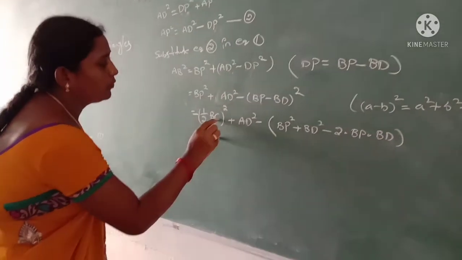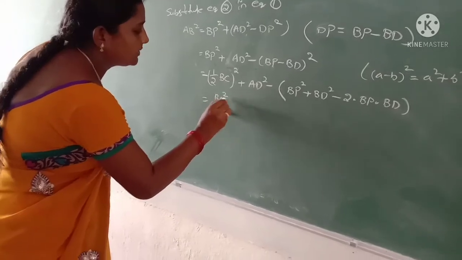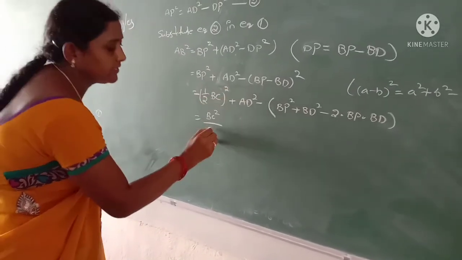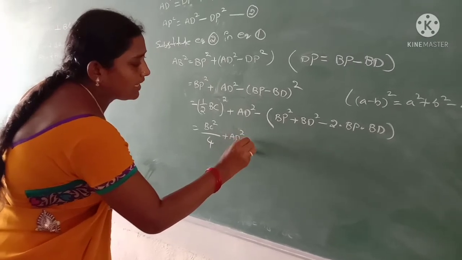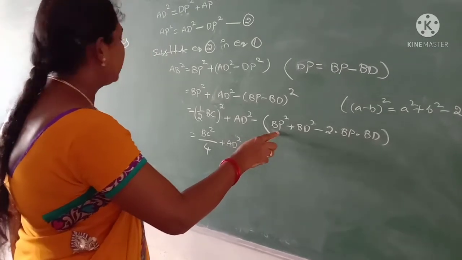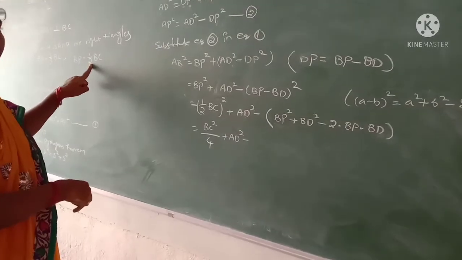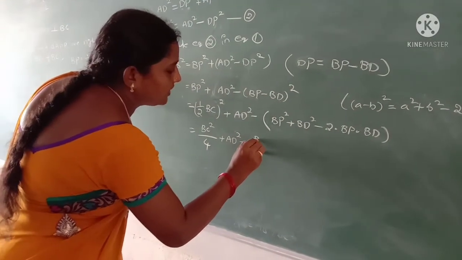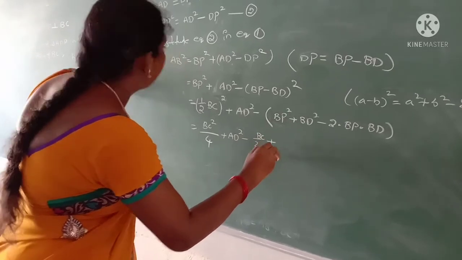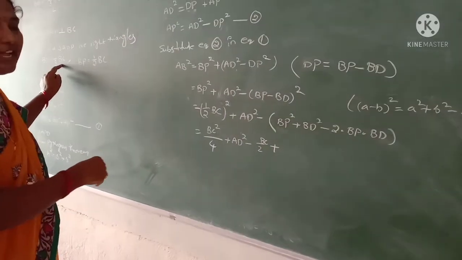That equal to BC square by 2 square, means 4, plus AD square minus, BP value 1 by 2 of BC. So BP is half BC, and BD is 1 by 3rd of BC.